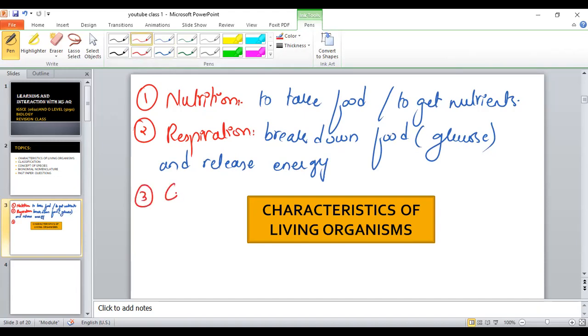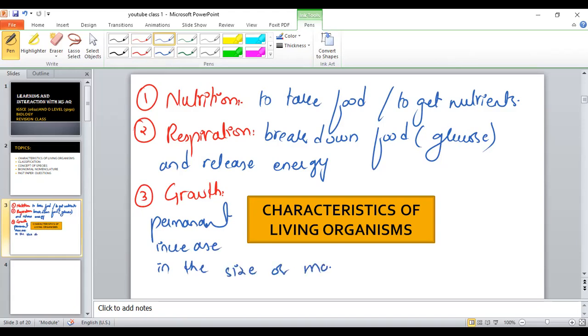So third is growth. What is growth? Permanent increase in the size, or you can say mass, of the body.